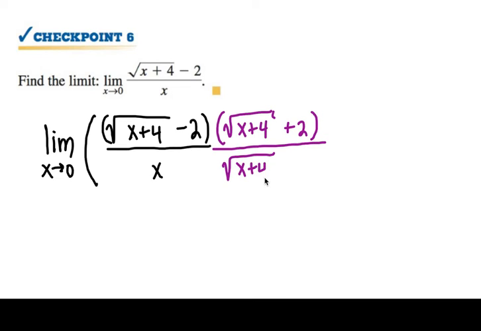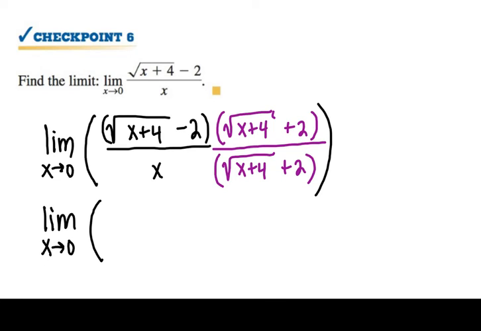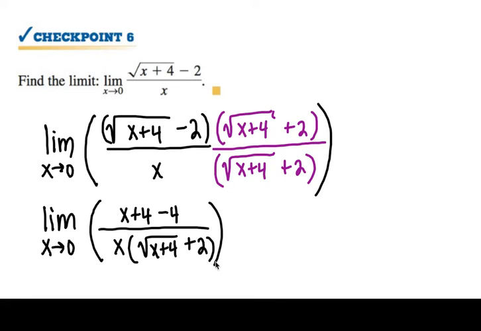So I'm going to do that in the numerator and the denominator. And that's going to give me the limit as x approaches 0 of, in the numerator, x plus 4 minus 4, all over x times the quantity, the square root of x plus 4 plus 2.